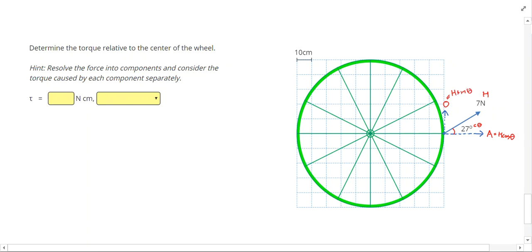So I get my horizontal component would be 7 cosine 27, which gives me 6.24 newtons for my horizontal component. And for my opposite, my vertical component, I'm going to do 7 times sine 27, and I'll get 3.18.